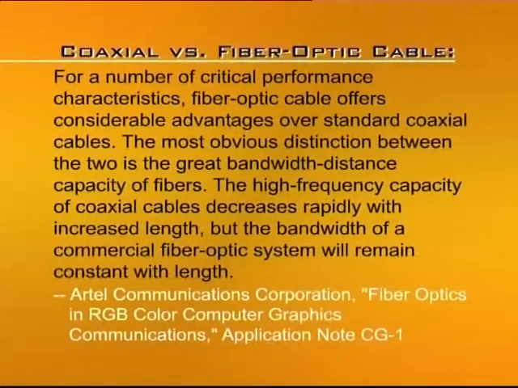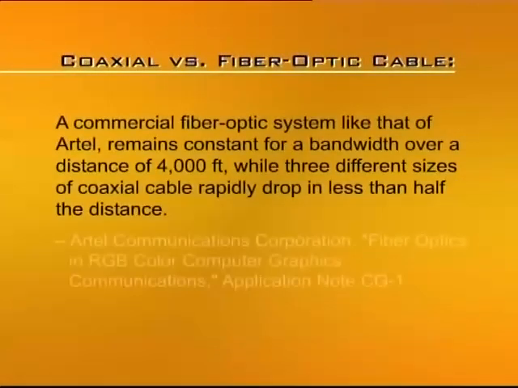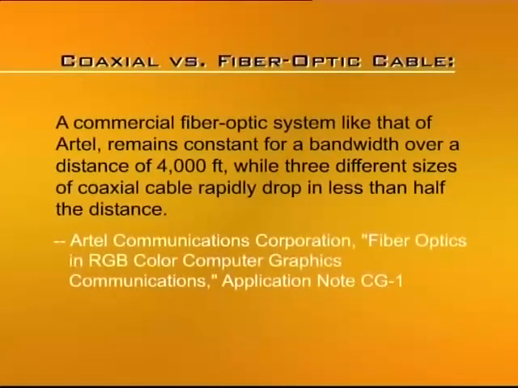The most obvious distinction between the two is the great bandwidth distance capacity of fibers. The high frequency capacity of coaxial cables decreases rapidly with increased length, but the bandwidth of a commercial fiber optic system will remain constant with length. A commercial fiber optic system like that of RTEL remains constant for a bandwidth over a distance of 4,000 feet, while three different sizes of coaxial cable rapidly drop in less than half the distance.